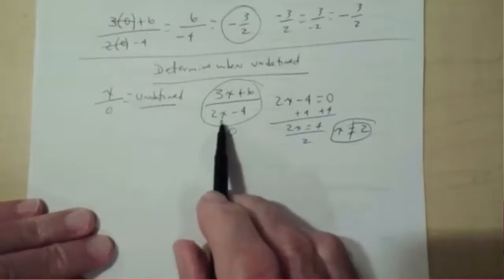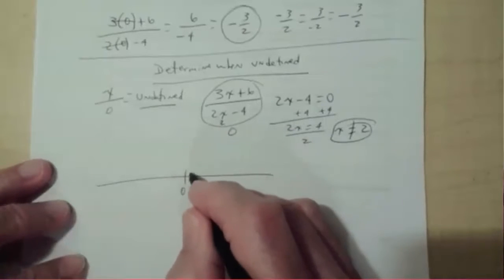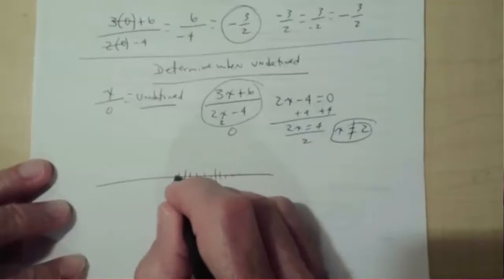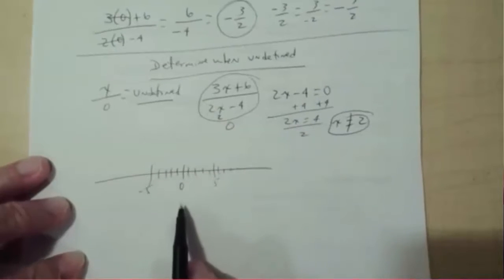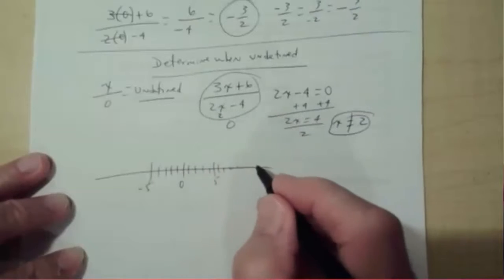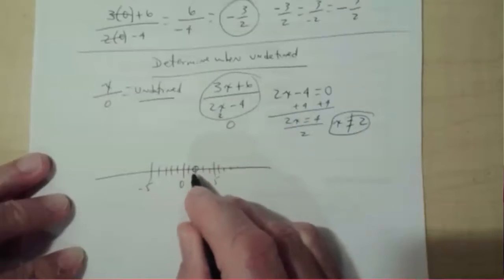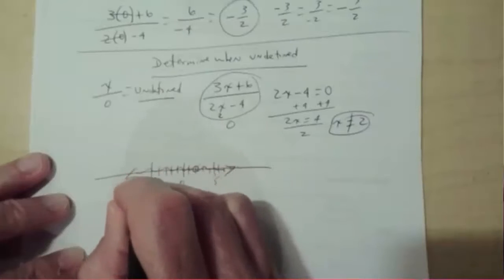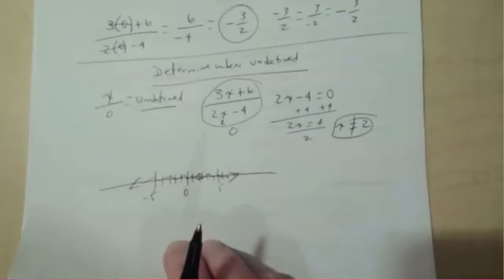So set the denominator equal to 0, solve the equation. If you were to graph this, 2 is right here. It cannot equal 2, but it can equal any other number, plus or minus.